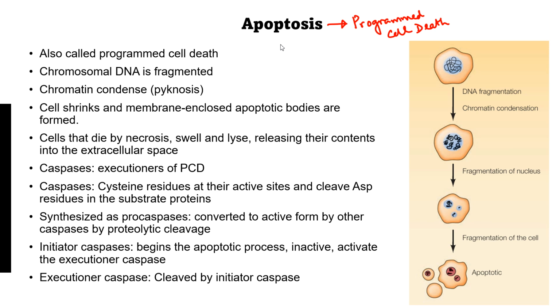Then there can be any cell, for example, a virus infected cell. If you want that cell to die, then what process will take place? Apoptosis will take place. Then there can be a tumor cell which has been generated because of DNA damage.